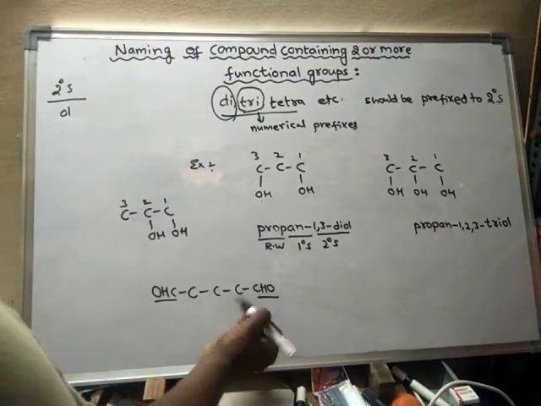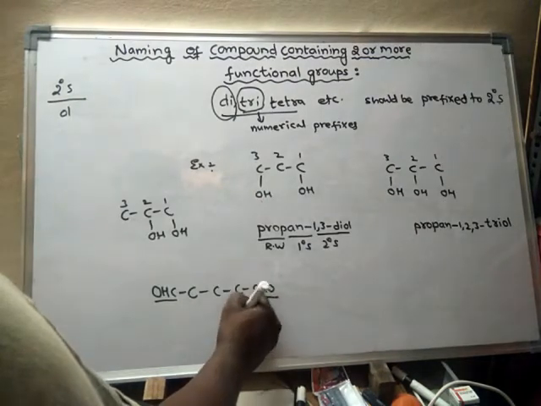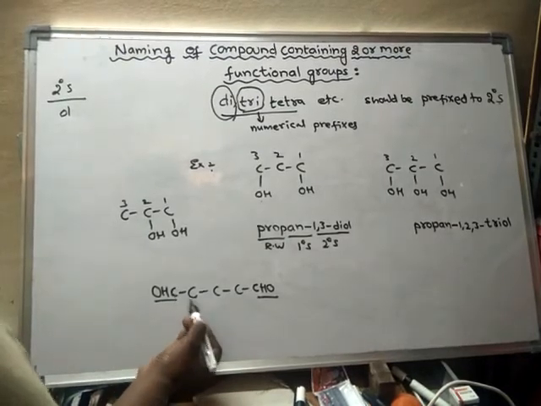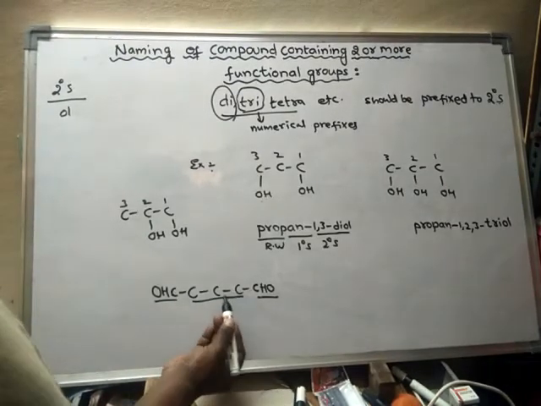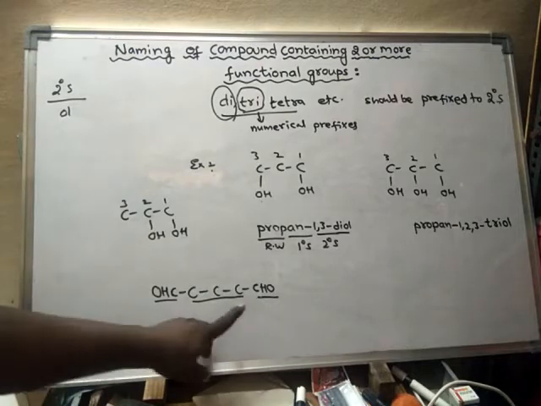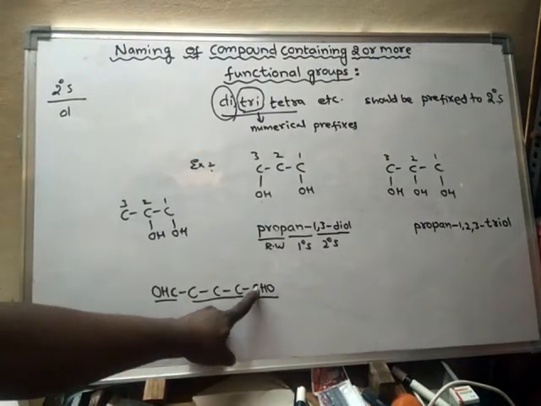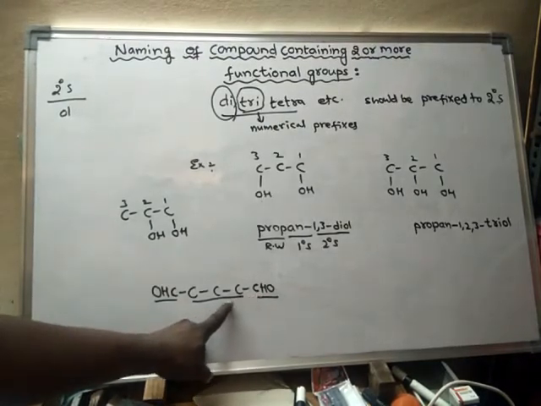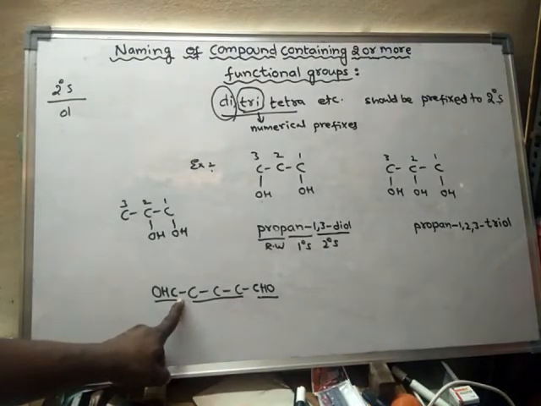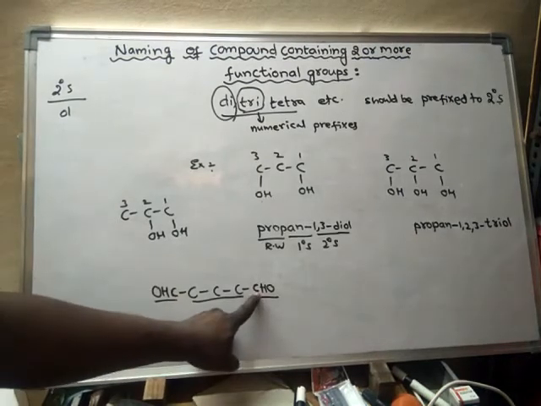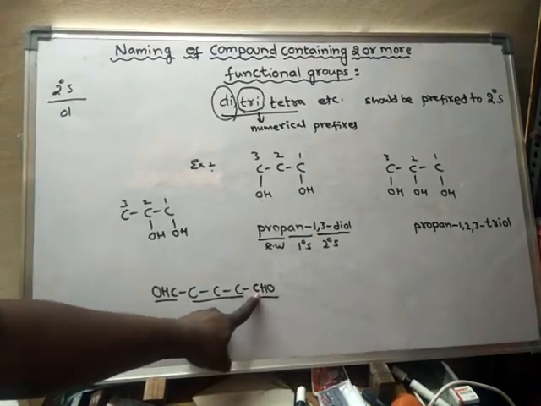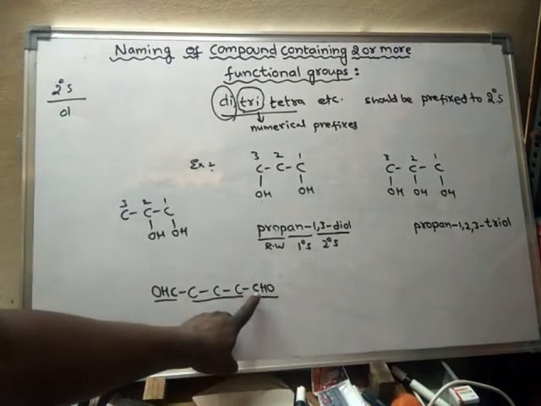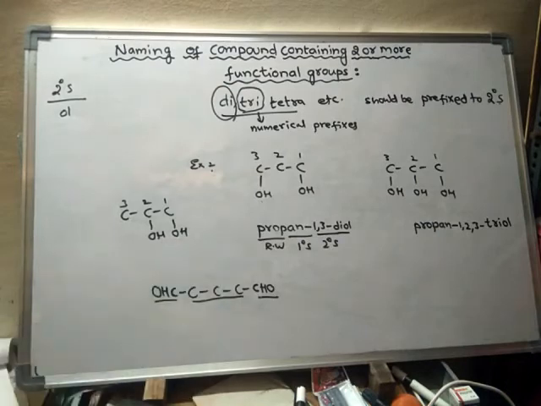We have already discussed that if there is a continuation of the carbon chain, then even the functional group carbon, if it is attached, is treated as part of the continuous chain. Hence this carbon can be treated as a parent chain carbon, because it is in continuation with this chain.